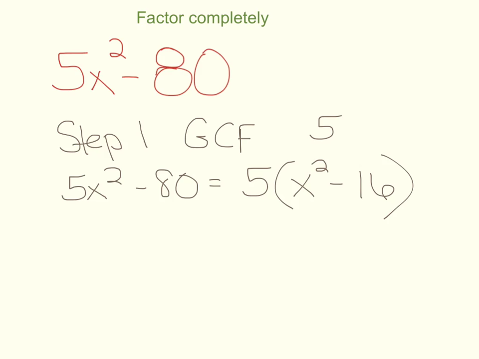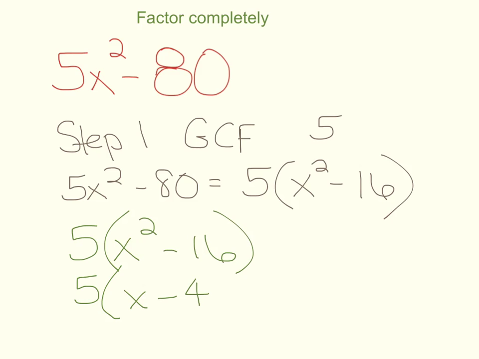Step 2 is that since there are 2 terms, you check for a difference of squares. So that means that you're going to now take this 5 times x squared minus 16, and you're going to factor it out to 5 times x minus 4 times x plus 4.